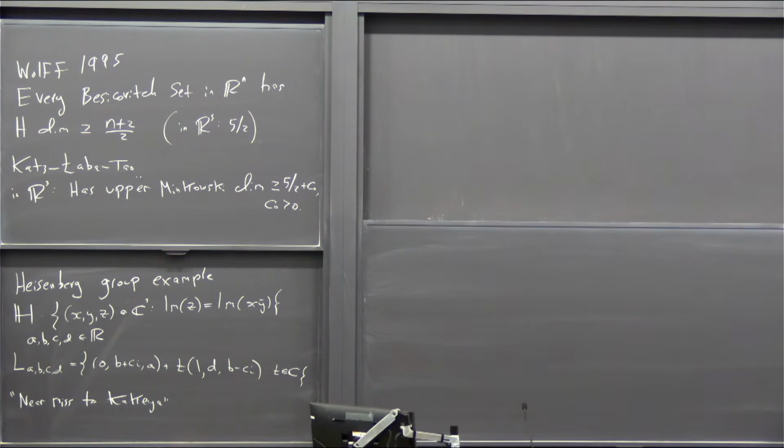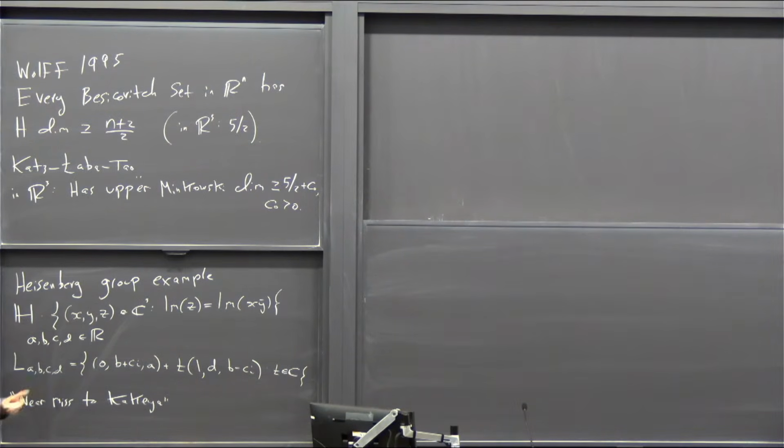And indeed, Wolff's argument would still apply in this setting. So in that sense, Wolff's argument is sharp. The basic geometric arguments that Wolff uses hold in this setting here and can't be improved any further because of this example.